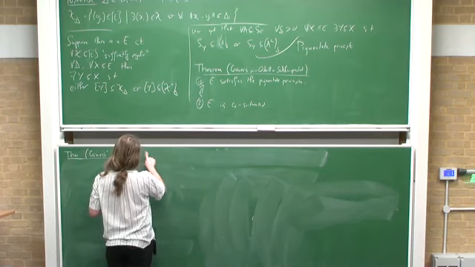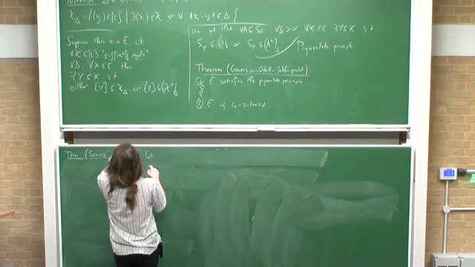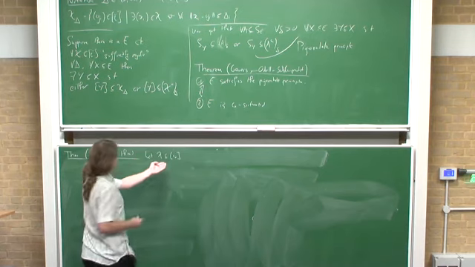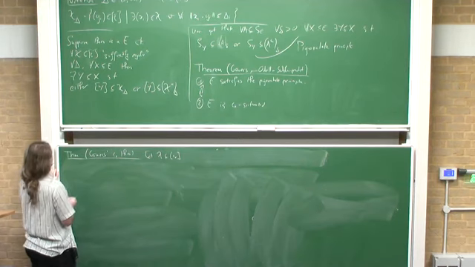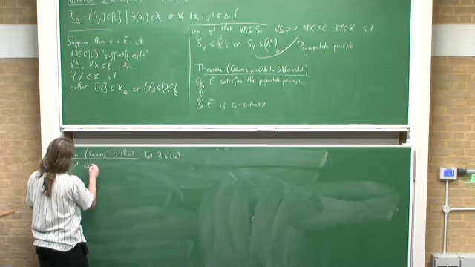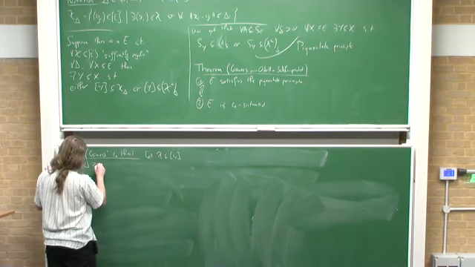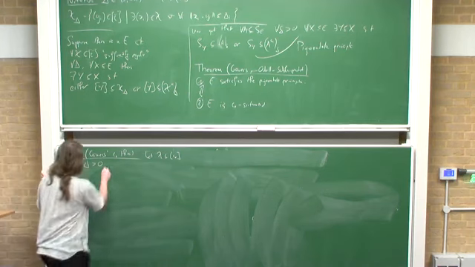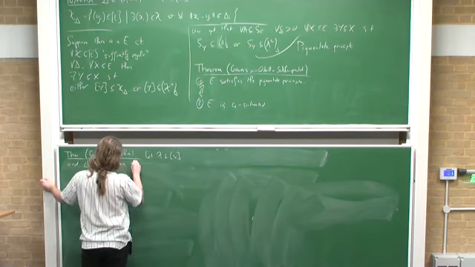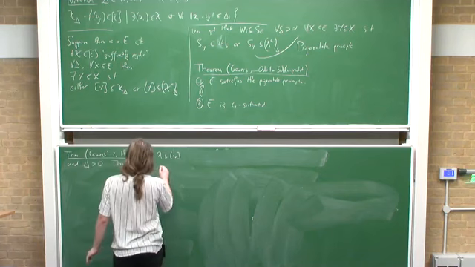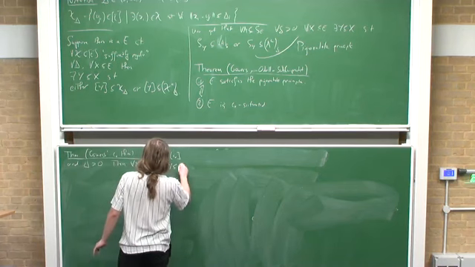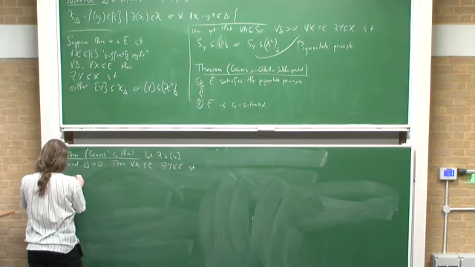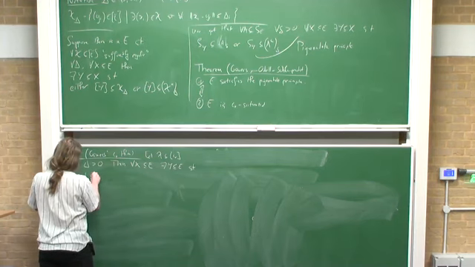Let X be a set of block sequences of C0, and delta a sequence of positive real numbers. Then for all block subspace X, there exists a block subspace Y such that one of the following is true.